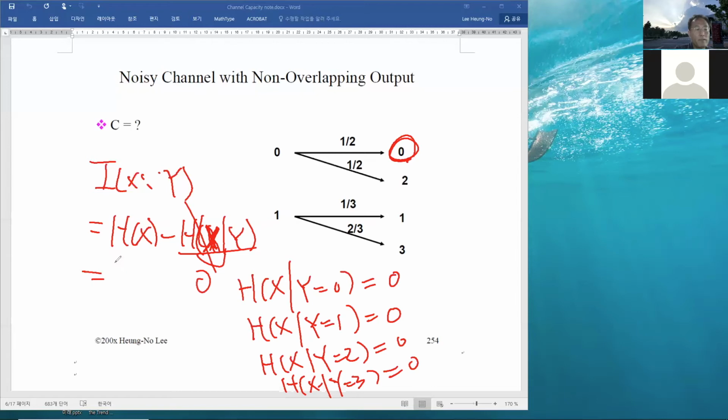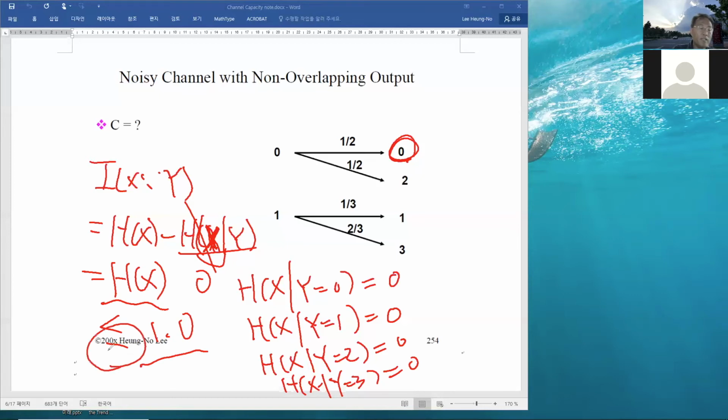That means it is only about maximizing the input distribution, finding the input distribution that maximizes the entropy of the input, which is equally likely again. So in this particular case, the mutual information is upper bounded by 1.0, log 2 of 2, right?